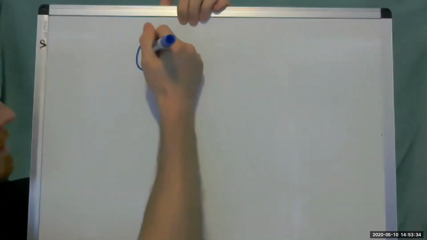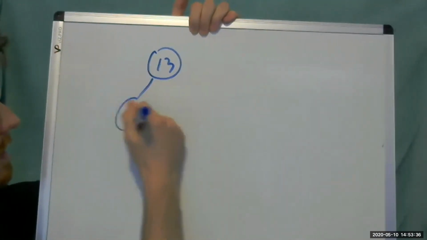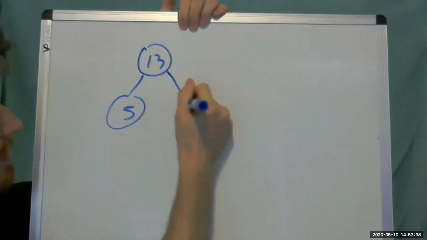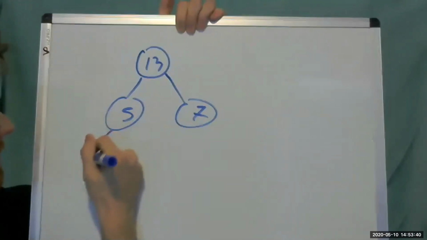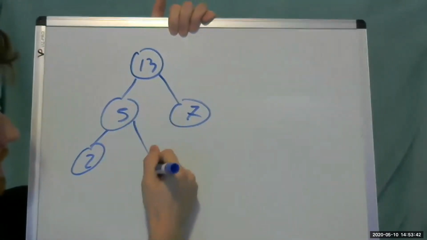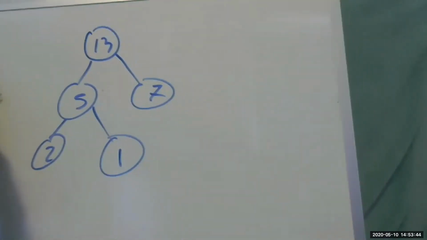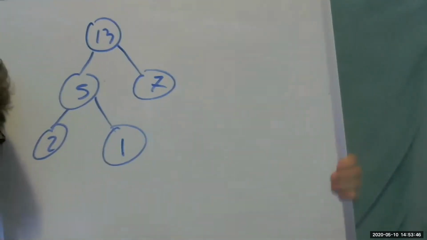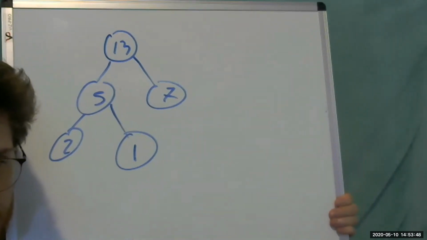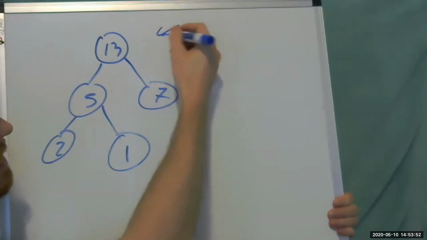Okay, so we've got our tree here. Let's make this node 13. This will be 5, we'll say 7, 2, and 1. Fair tree? Yeah.